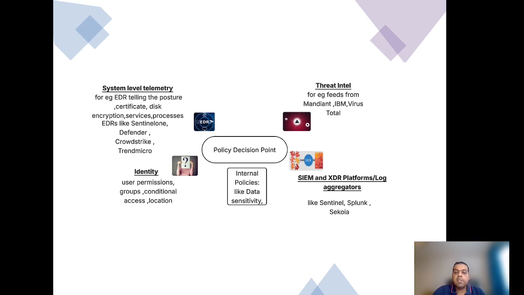And if there is a deviation, for example, the user suddenly logs in at midnight to access a critical application, these platforms, based on the behavioral analytics, detect it as something suspicious, and they can increase the risk score for that user from, let's say, low to medium. So all these elements are important contextual information sources for the PDP.